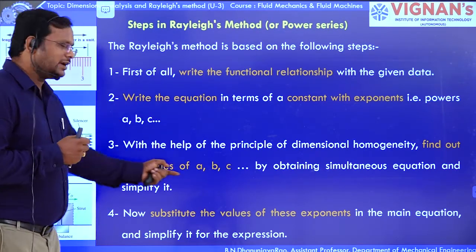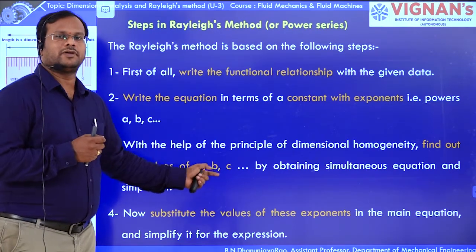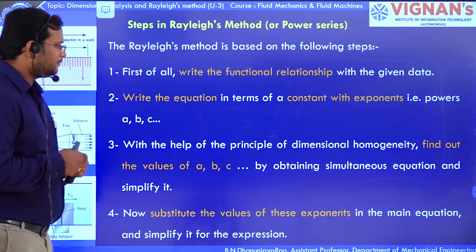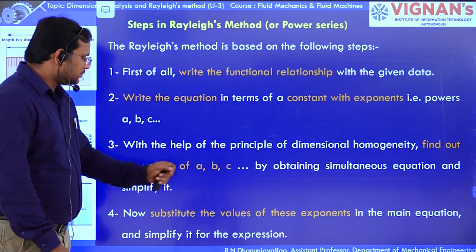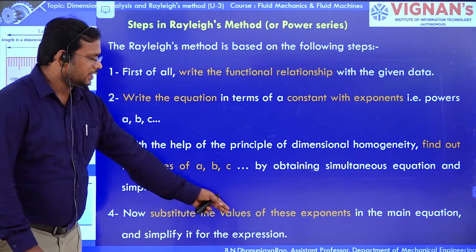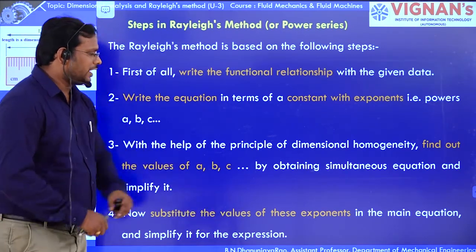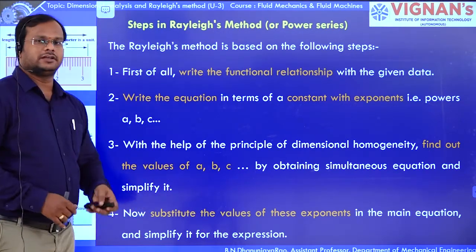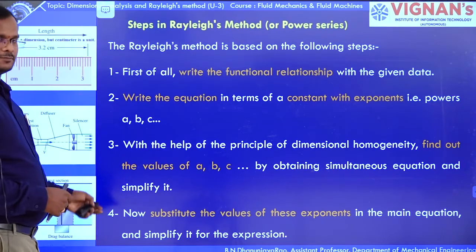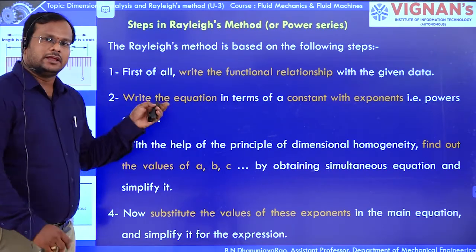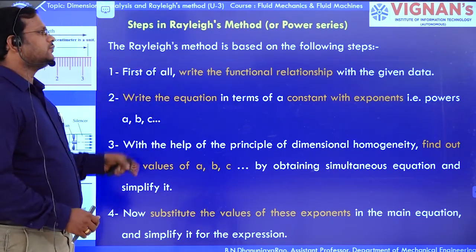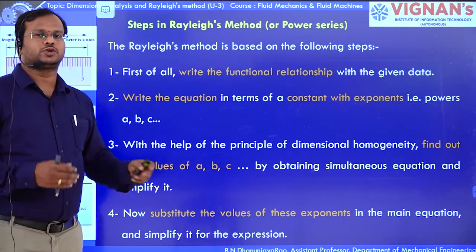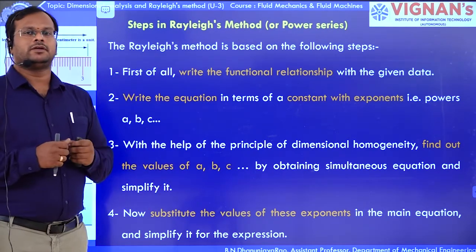Finally, we find the power values of a, b, c. Next, substitute those values of exponents in the main equation and simplify it for the expression. These are the 4 basic steps which we need to implement to solve the particular fluid flow problem.